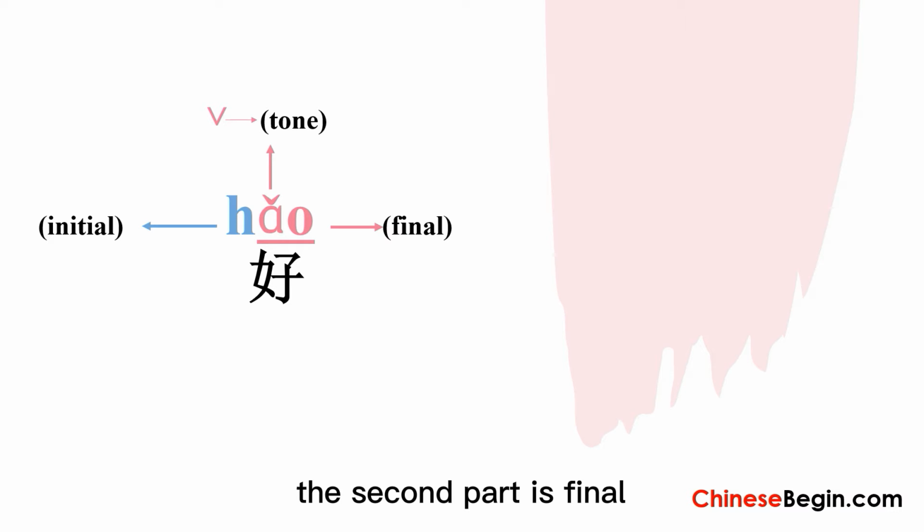The second part is the final, and it looks like the letters A and O in English, but here the final is pronounced as ao, ao, ao, and the symbol above the vowel A is a tone. The contemporary Chinese 普通话 has over 400 syllables.